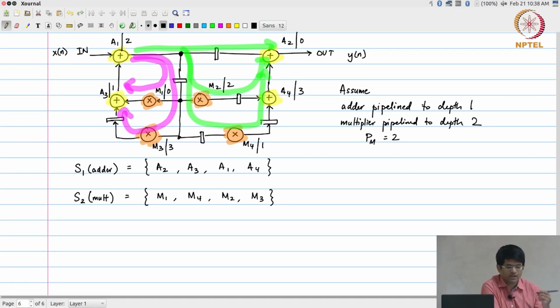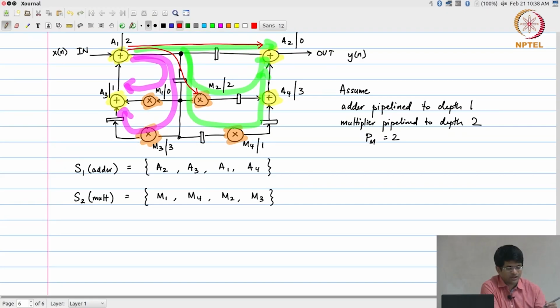So, if I look at all the edges that are present in the DFG, I find, for example, an edge going from A1 to M2. Another edge is going from A1 to A2, and the edge from A1 to A2 has one delay element on it.